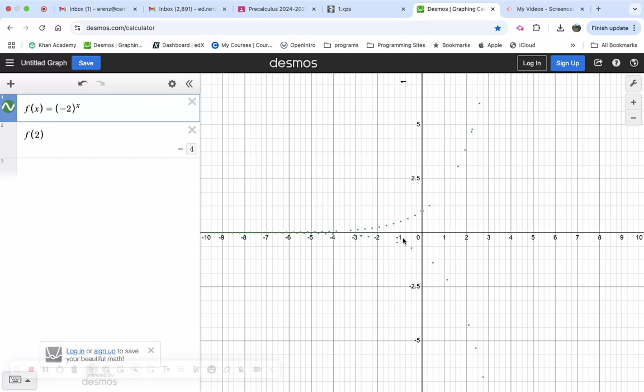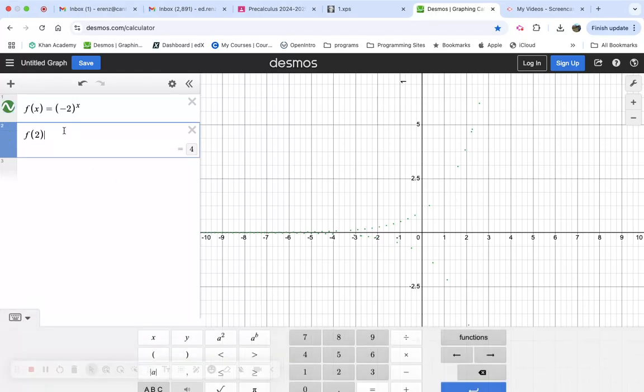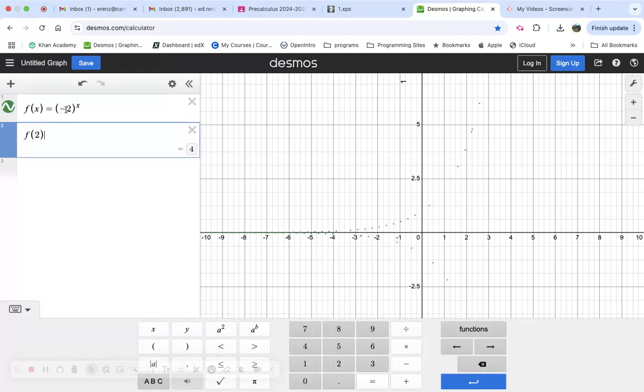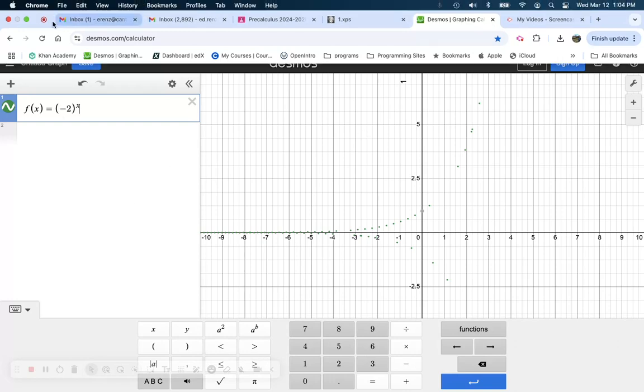And they're down here. They're jumping around. And the reason they're jumping around is because when you raise a negative number to an even power, you get a positive. But when you raise a negative number to an odd power, you get a negative. So all this to say in a very awkward and clumsy way that you can't have a negative for your base. It's got to be bigger than 0, and it cannot be 1.